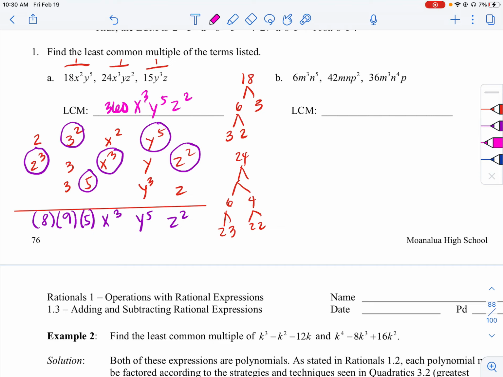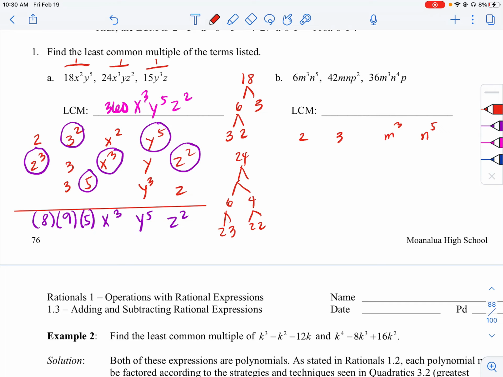We have 6, and I'm not going to be showing the tree anymore. We're going to do the breaking part all in our heads. Let's start with 6m cubed n to the power of 5. So 6 is 3 and 2. I'm going to break that into 2 first, and then 3. Let's write them in order. And then I have m cubed, and then n to the power of 5.